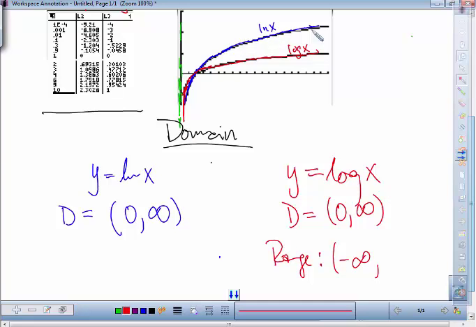And does this ever get topped off? Is there an asymptote up on top? You guys think? It looks like it's going to start leveling off.